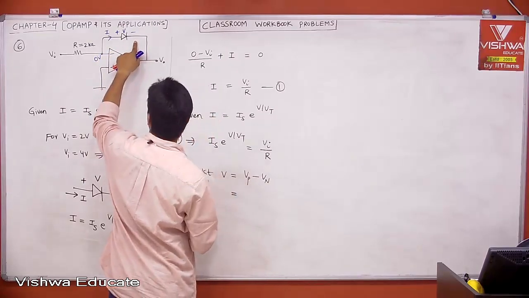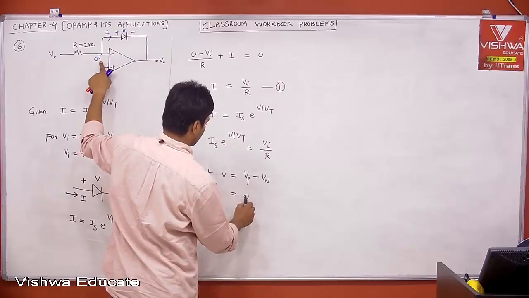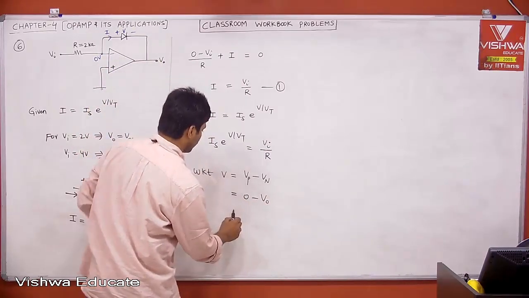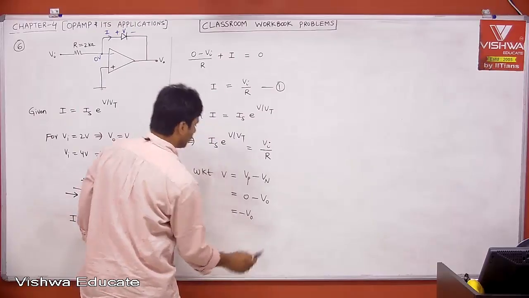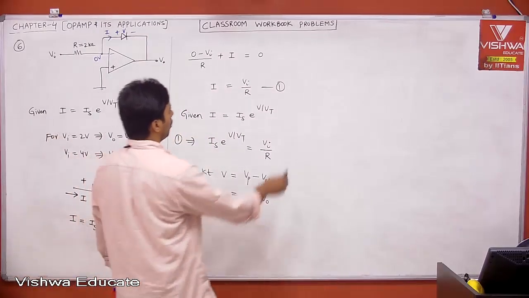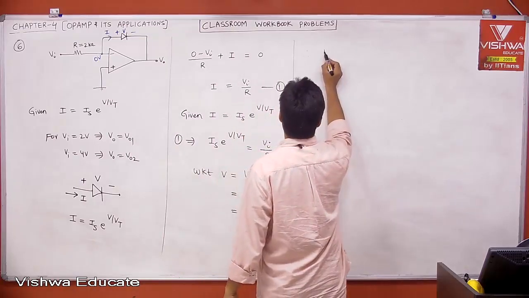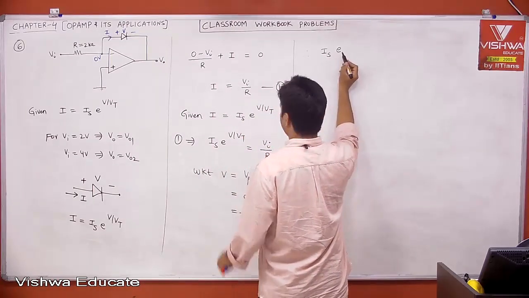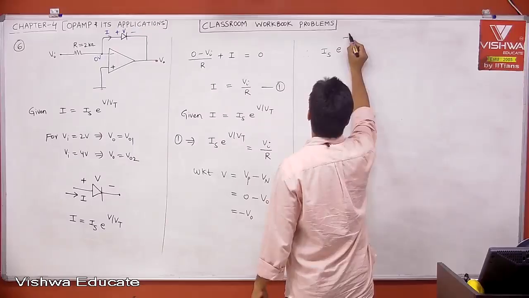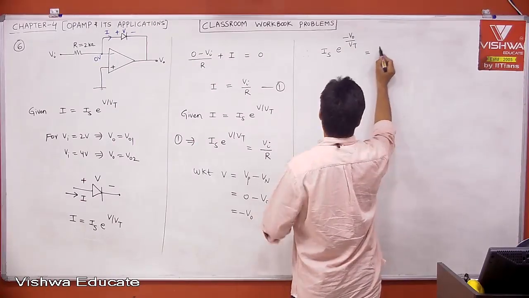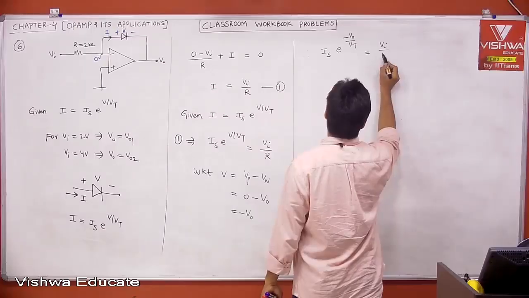What is voltage at P? 0. What is voltage at N? That is nothing but V naught. Therefore, V is equal to minus V naught. Therefore, Is into e to the power of minus V naught divided by Vt is equal to Vi divided by R.